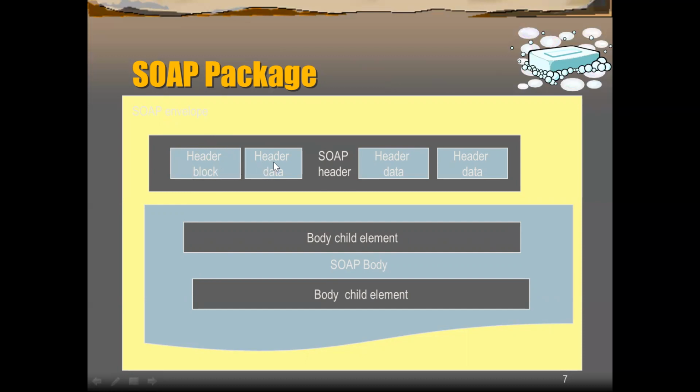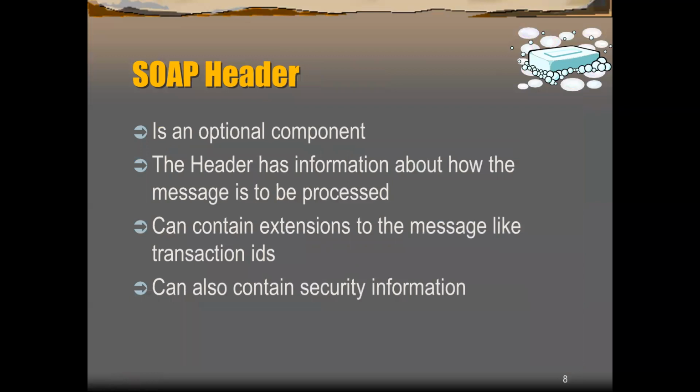In the header, you have the header data, the header block. And in the SOAP body, you can have the child elements. And in the SOAP body, if you want to show some error information, you can use SOAP fault.